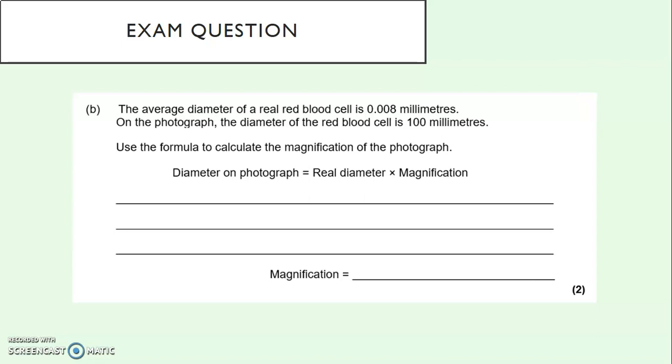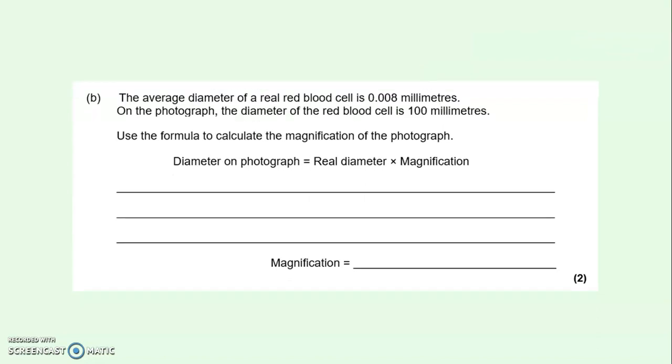The diameter on the photograph is equal to real diameter times magnification. So this is going to be our image, this is going to be our actual size, and it wants you to work out magnification. So I'd like you to pause the video, have a go, and then come back and look at a worked example.